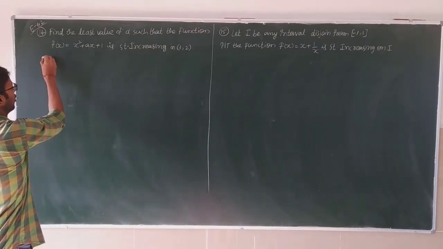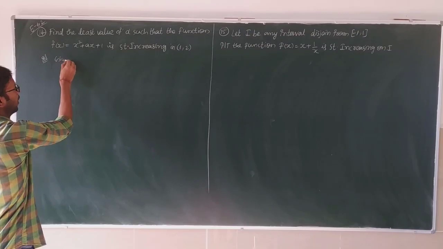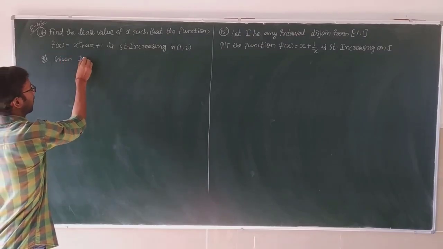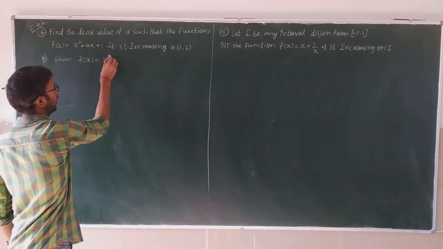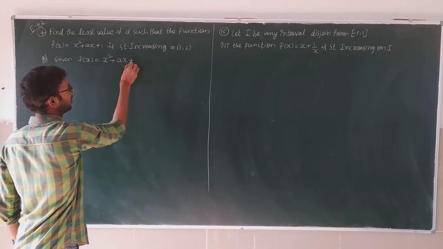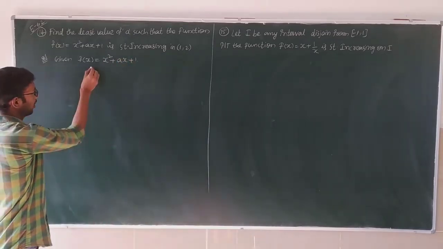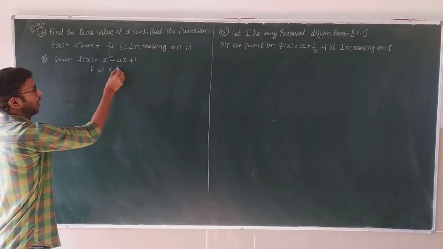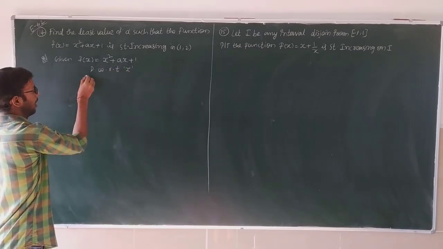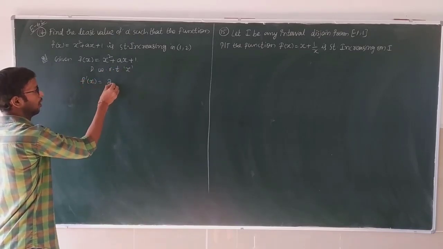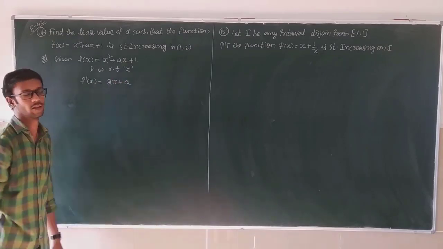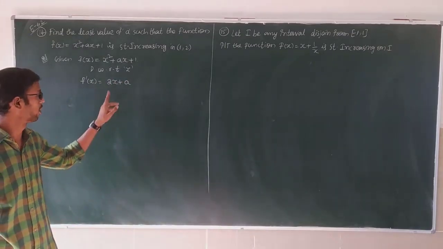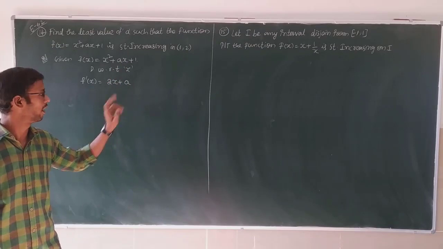For that purpose, solution. Given f of x is equal to x square plus ax plus 1. Differentiating with respect to x, f dash of x is equal to 2x plus a. The derivative of x square is 2x, and the derivative of ax is a.